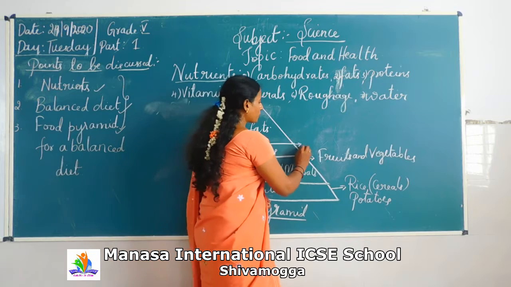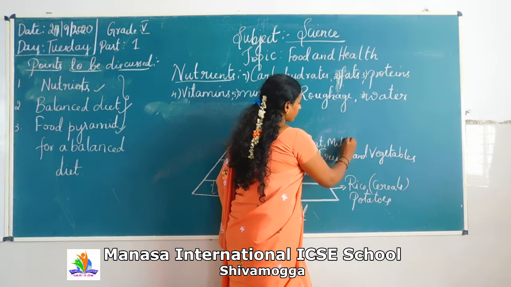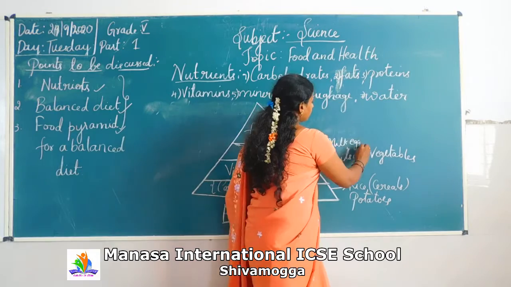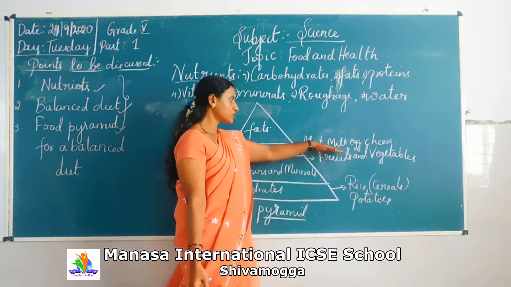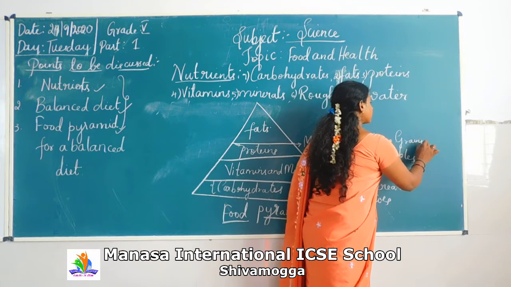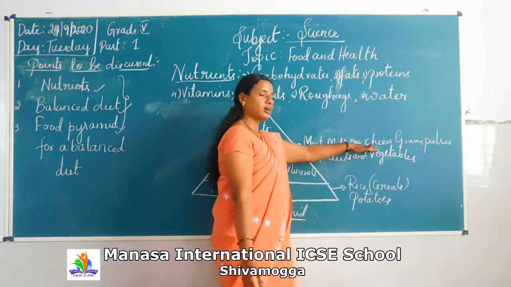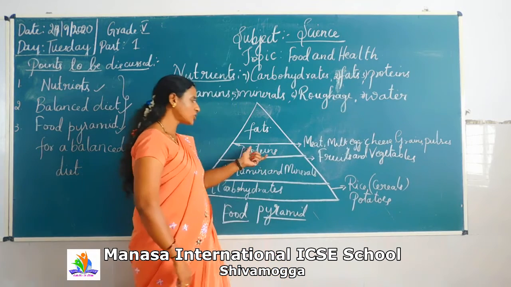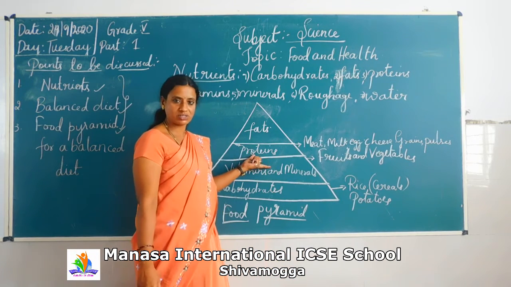Whereas coming to proteins, it is meat, milk, egg, cheese, etc., and also whole grains and pulses, right? These food items are enriched with enormous amounts of proteins.